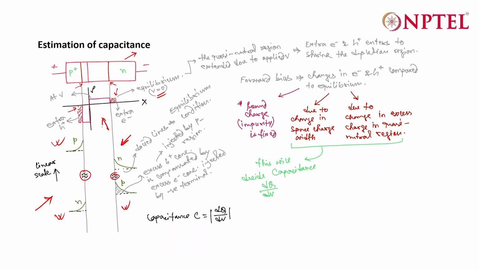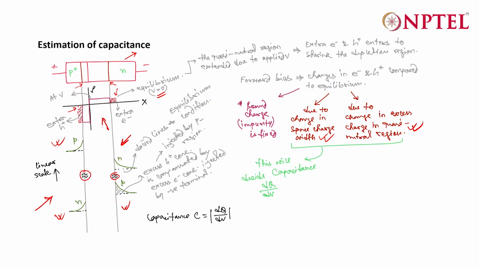And what leads to the change? That is the extra charges coming in after applying a bias or potential. Now this change can be due to the change of space charge width, or the change can be due to the change in excess charge in the quasi-neutral region. So there are two possibilities.